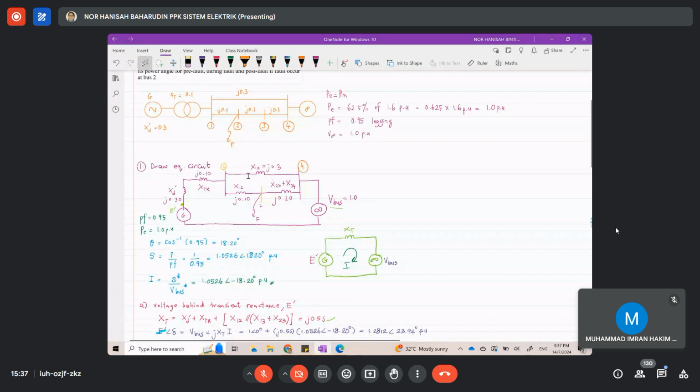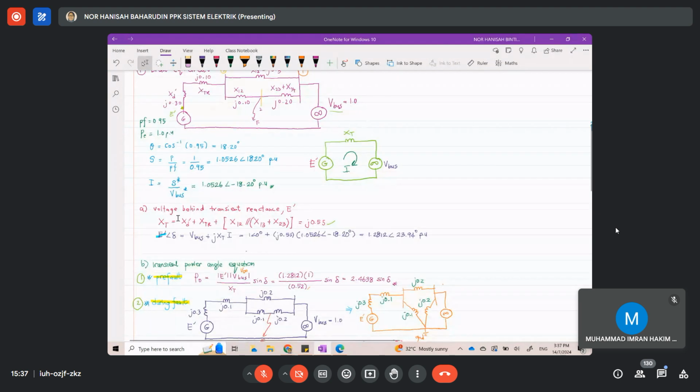Sometimes it's not symmetrical, sometimes it's different, but it's okay. The same thing, you can calculate the transfer reactance. Finally, we get J0.55. So E prime should be V bus plus the voltage across the transfer reactance. You're going to get the same answer as question 2. I hope that you can understand this, student.